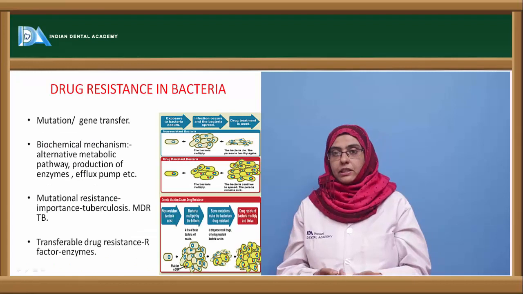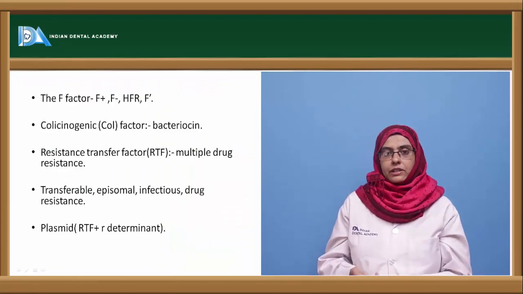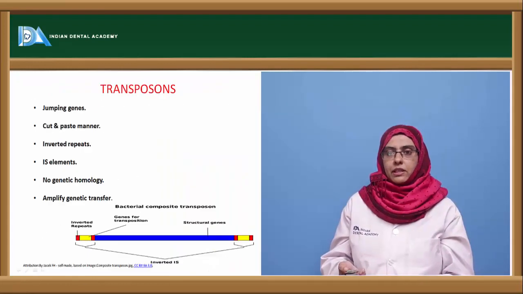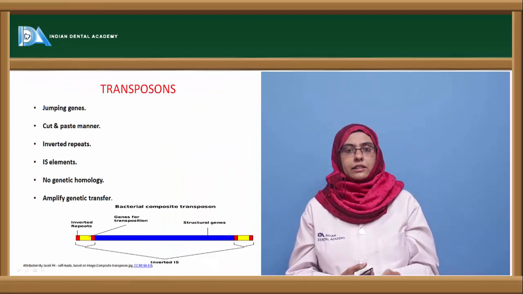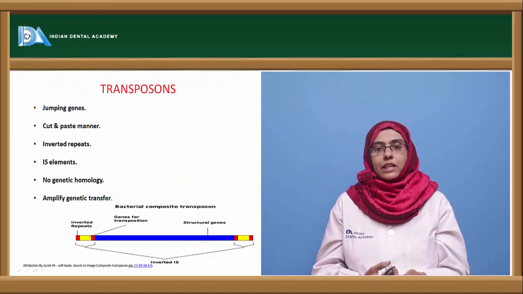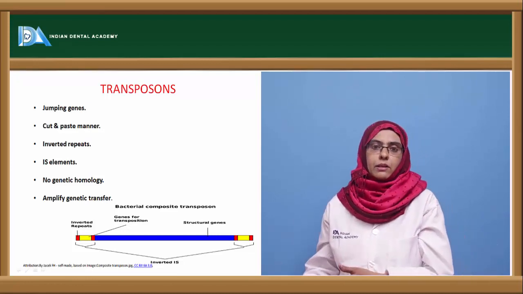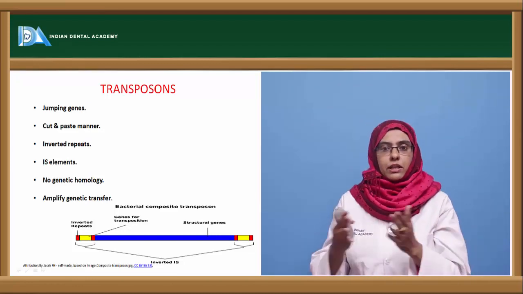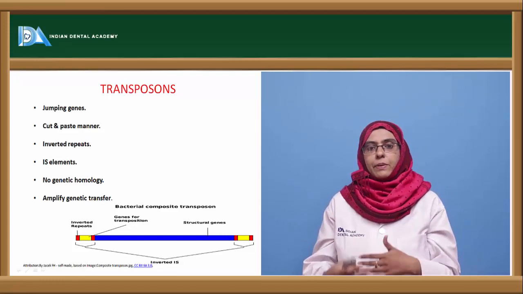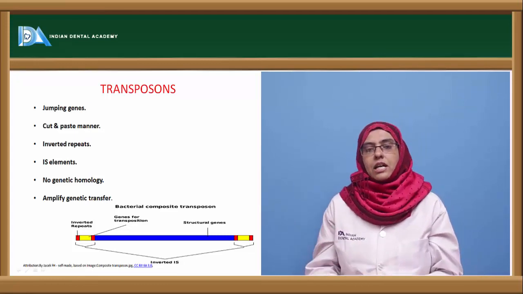Now apart from this, besides the plasmids which act as extra chromosomal material, there are certain genetically discrete segments of DNA that have the ability to move from one part of the chromosome to another part, and from the chromosome to the plasmid. These are called jumping genes, nothing but the transposons.